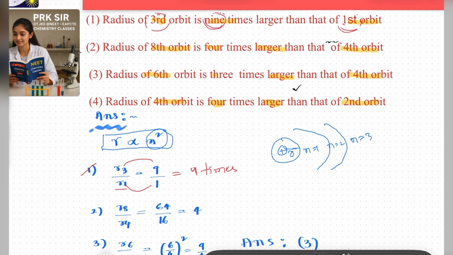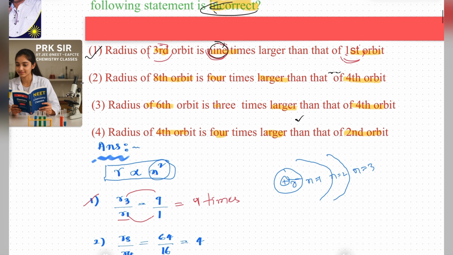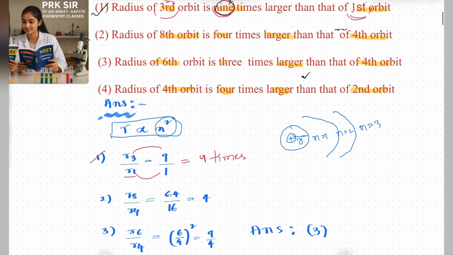We'll go for the next one, the second option. The radius of the eighth orbit is larger than the fourth orbit. How can you write this? r8 by r4.